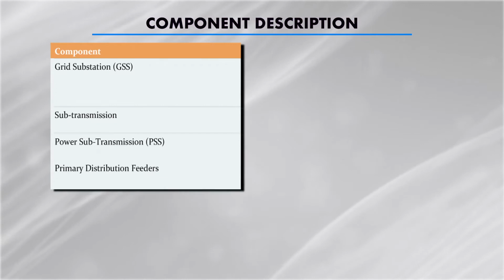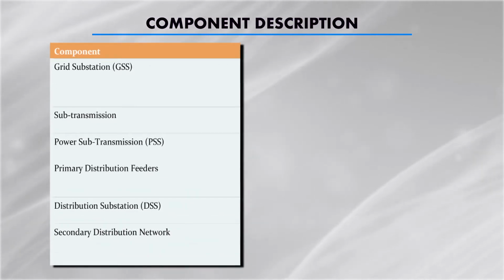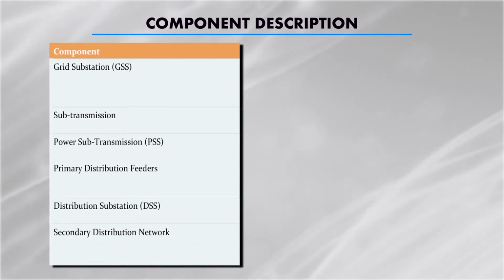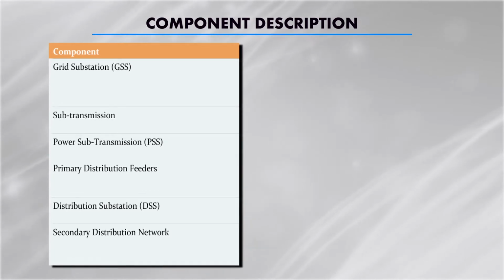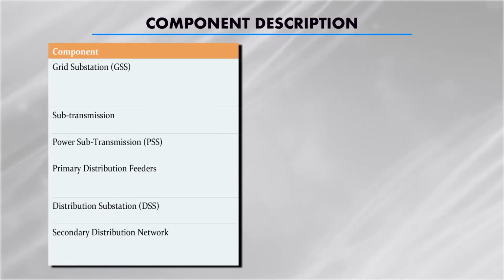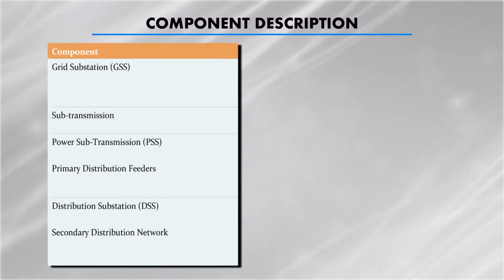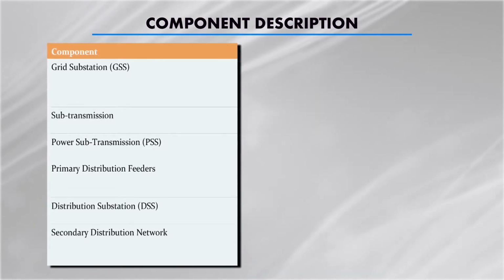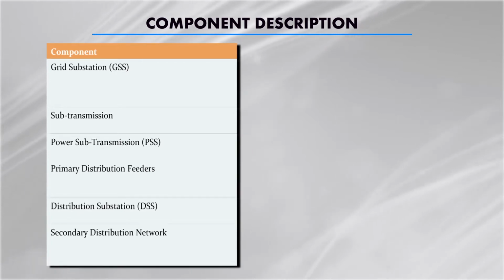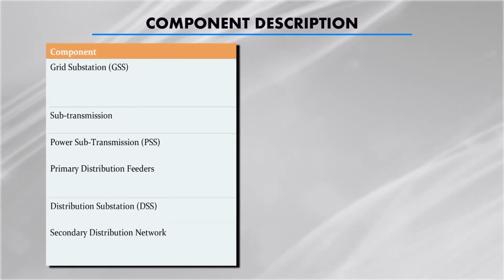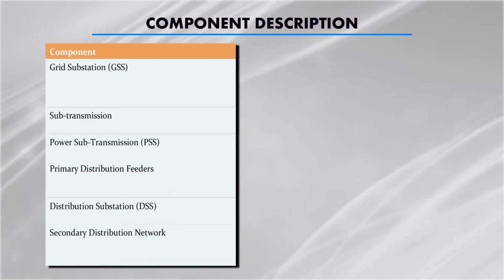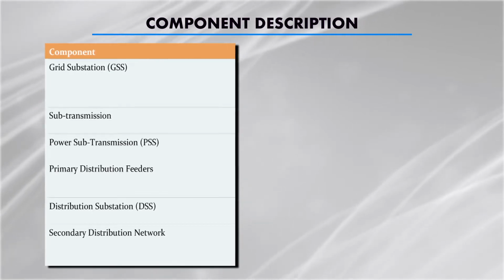If I talk about the different components of the power transmission and distribution system, you can see here the grid substation, and the various voltage levels can be categorized into grid substation, sub-transmission system, primary distribution feeders, distribution substations, and secondary distribution network.